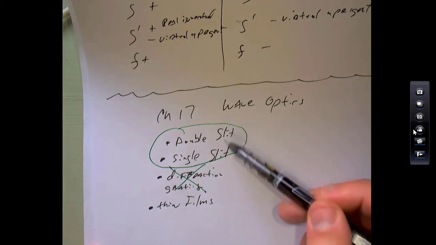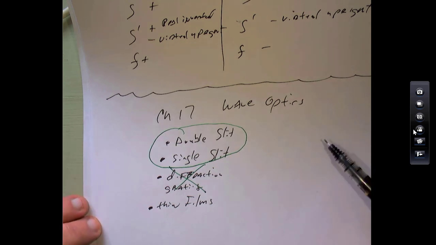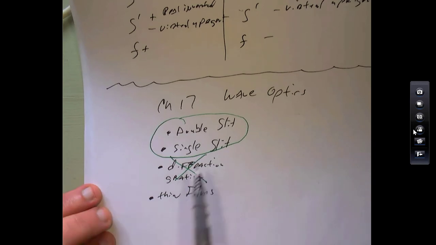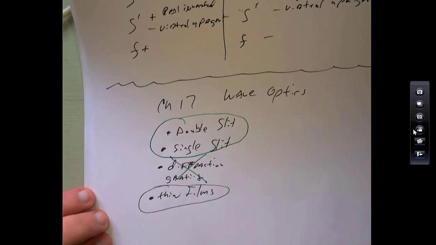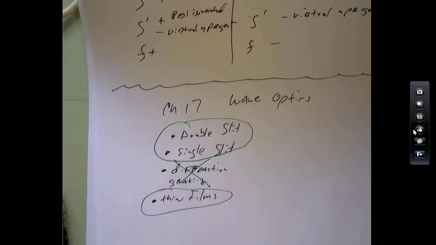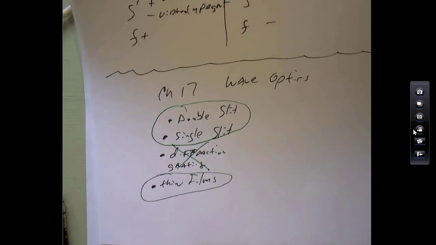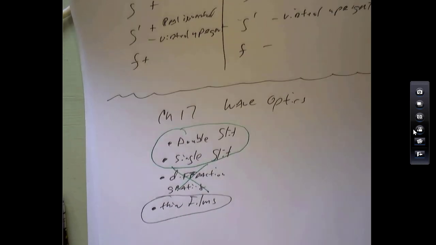So make sure that you have those straight. Build a little thing on your formula sheet. Double slit, do a picture, write the equations. Single slit, little picture, write down the equations, know what they mean. And then you'll definitely see a thin film problem again. So look back at the practice test and the actual test. Hopefully you have your little chart of what different things mean.